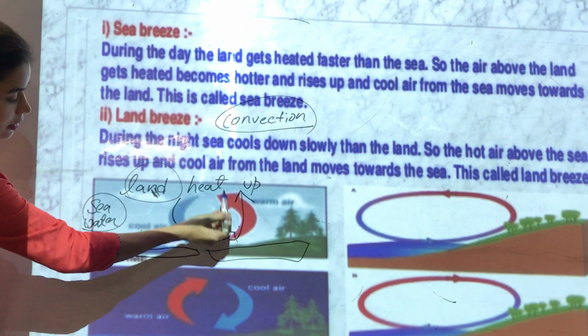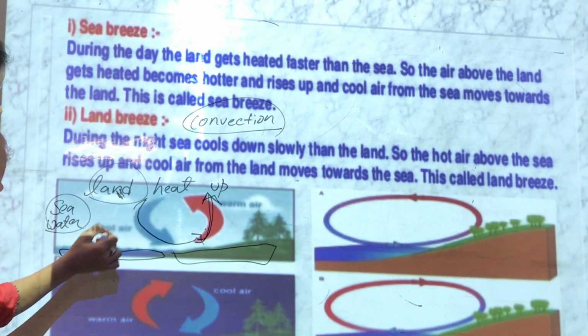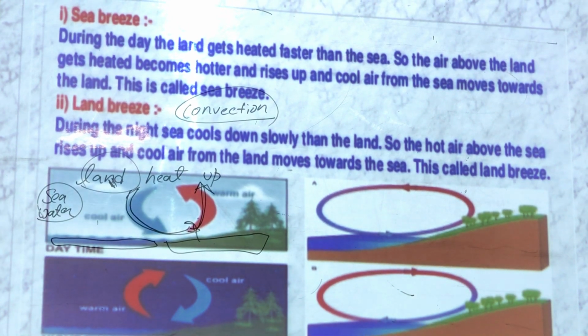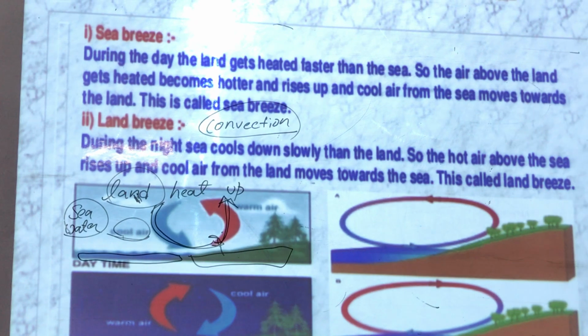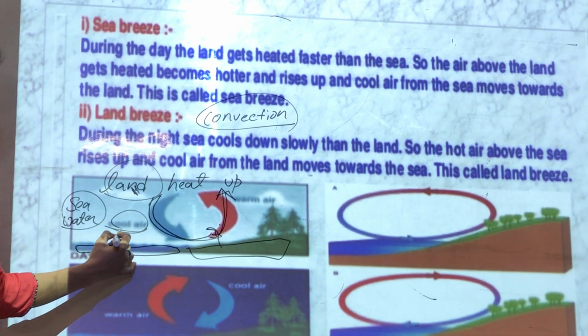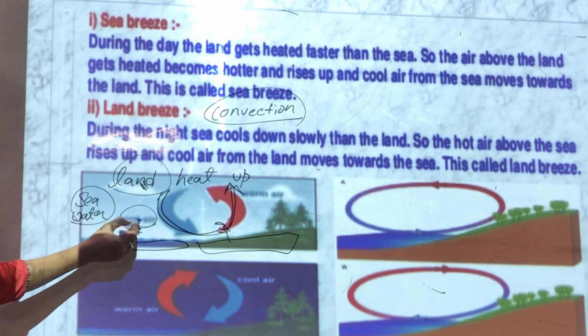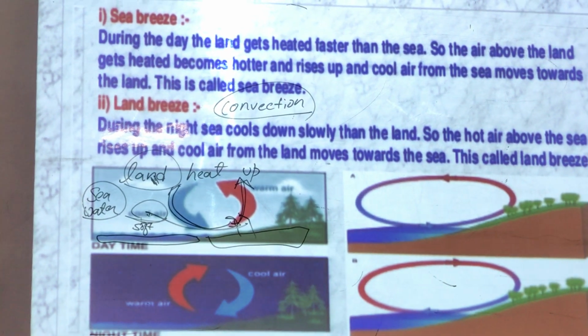Then again the air will heat up and rise up, the cool air from the sea will take its place, and this process goes on. That's the reason why you feel the cool air, or a very soft breeze, in the coastal areas, because the air from the sea takes this place. This is called sea breeze.